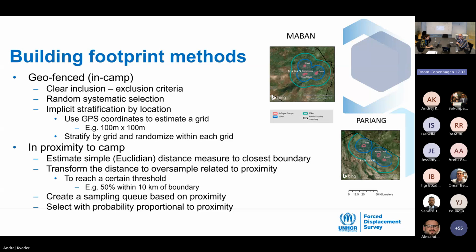So we have basically two different types of use. There's quite a lot of detail on this slide. I will not go into every detail, but of course, I'm happy to respond to any questions.